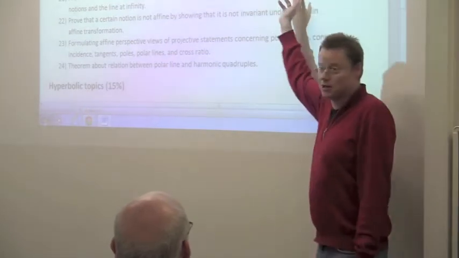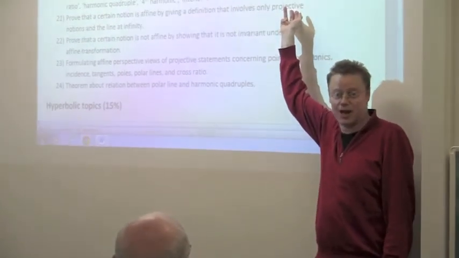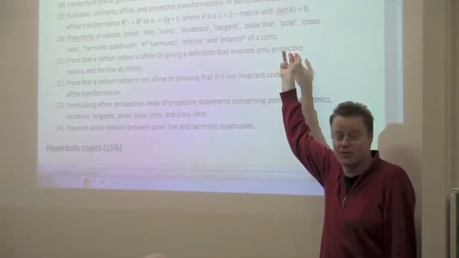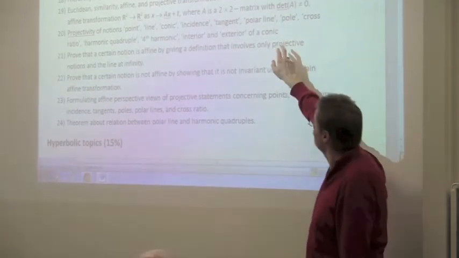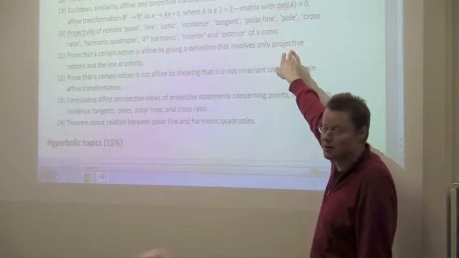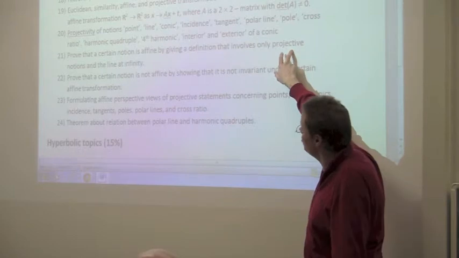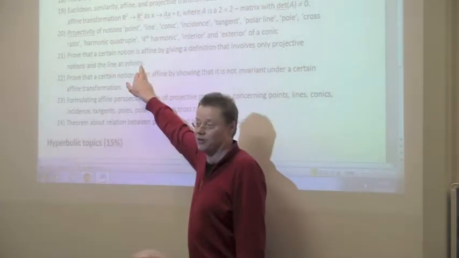Of course, any projective notion is certainly an affine notion. Projective geometry is coarser than affine geometry. So any projective notion is an affine notion, and the only new thing in affine geometry is the line at infinity.